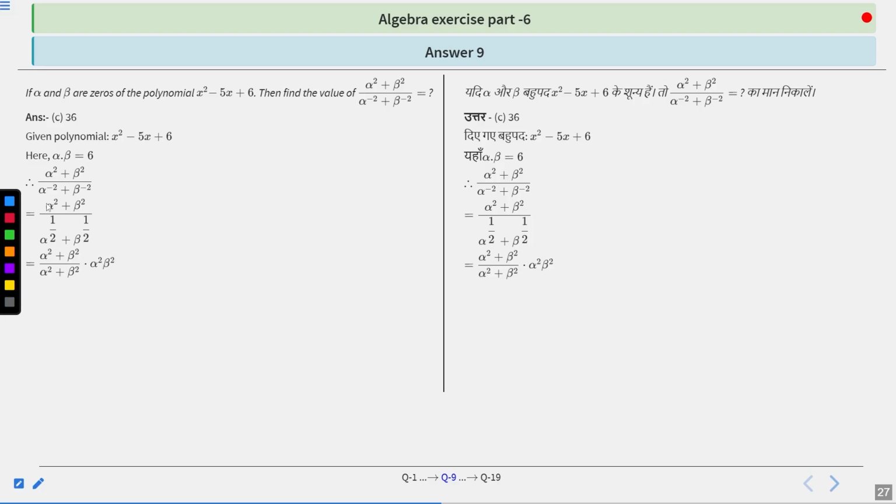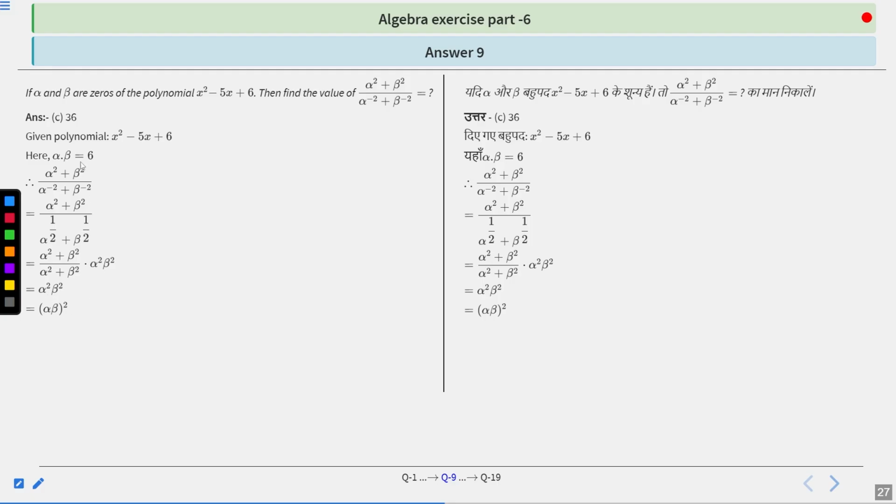Now alpha square plus beta square upon alpha square plus beta square into alpha square into beta square. Alpha square plus beta square will cancel out, and we will have only alpha square into beta square, or we can say alpha into beta's whole square.